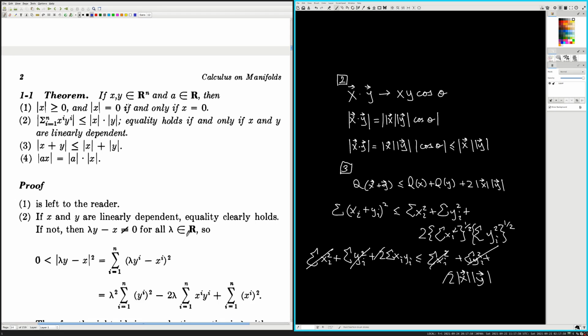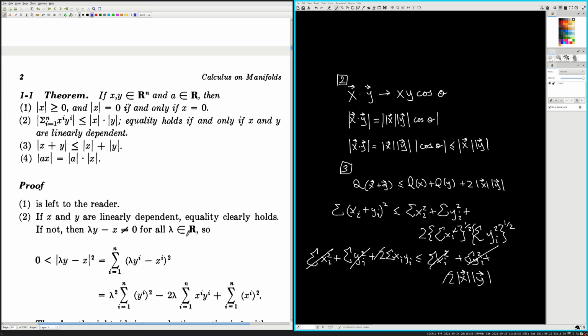But let's see. 2, if x and y are linearly dependent, equality clearly holds. Because then y is equal to a multiple of x, and then you get a sum of x squareds.